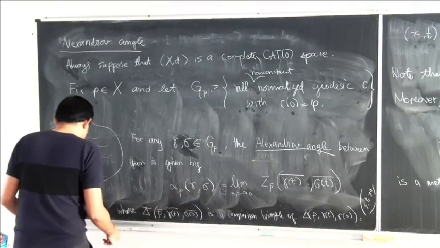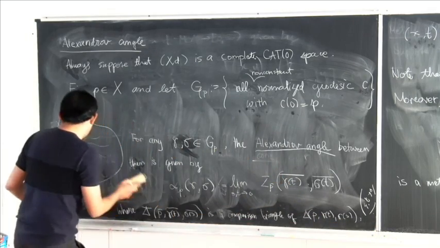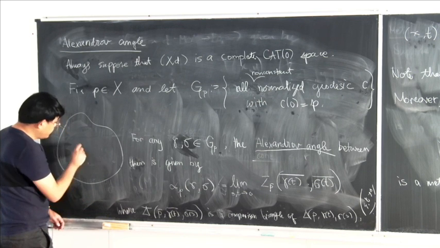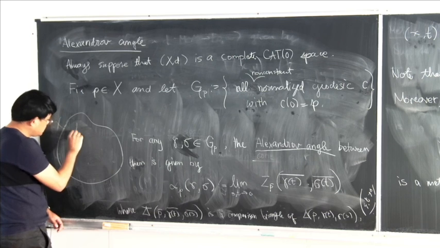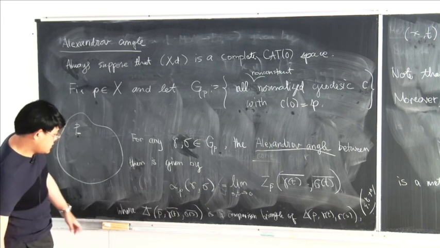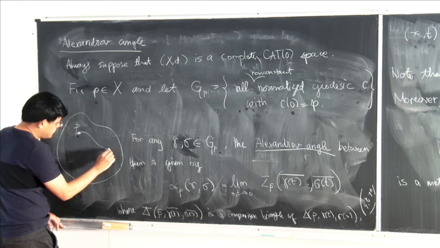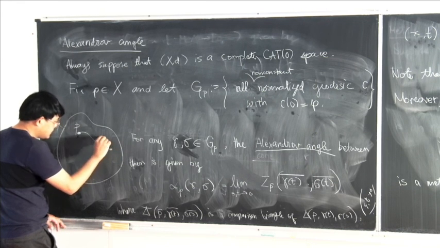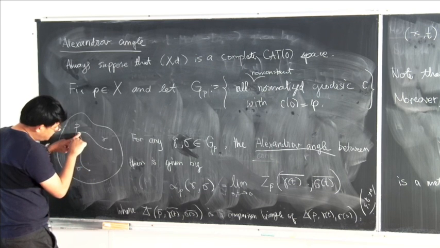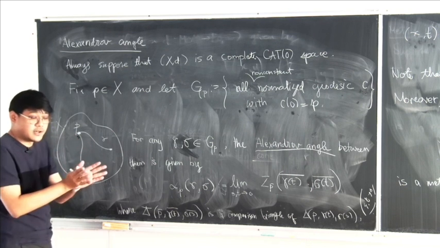So what are we really doing here? We want to define an angle between two geodesics. Suppose this is the point P, and we have gamma and sigma. Gamma may be this geodesic, with some endpoint, we don't know what, but this is gamma. This is sigma, another geodesic, and we want to know what angle it makes, because the geodesic is not a straight line, it's not a line segment.